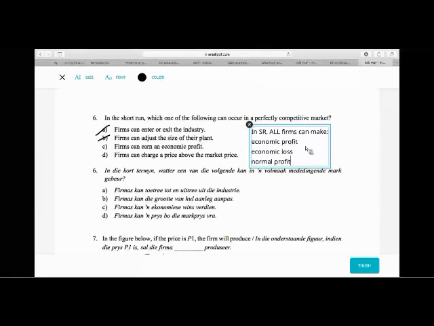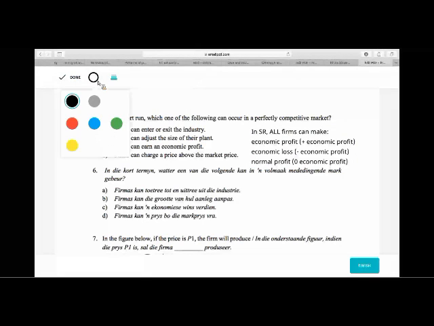Okay, so this is the same as positive economic profits, this is the same as negative economic profits, and this is the same as zero economic profits. So those short-run outcomes are relevant for all firms: monopolies, perfect competition, monopolistic competition. So the answer C is definitely a short-run possibility.